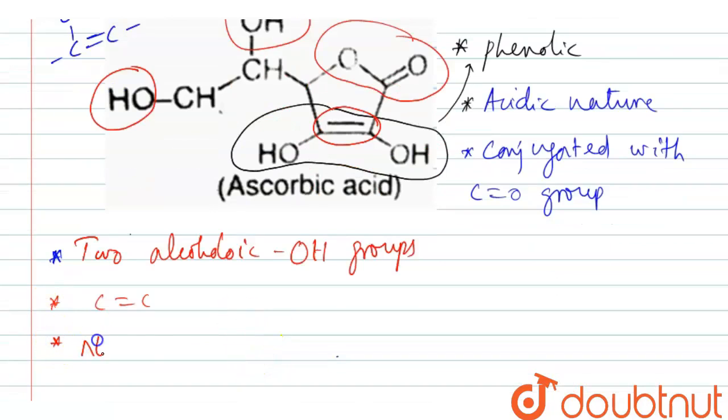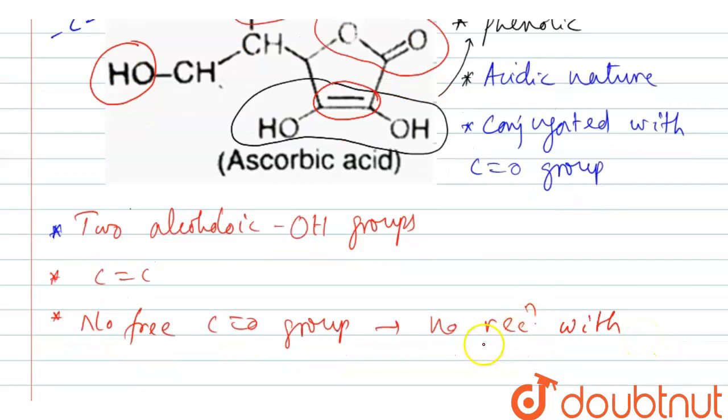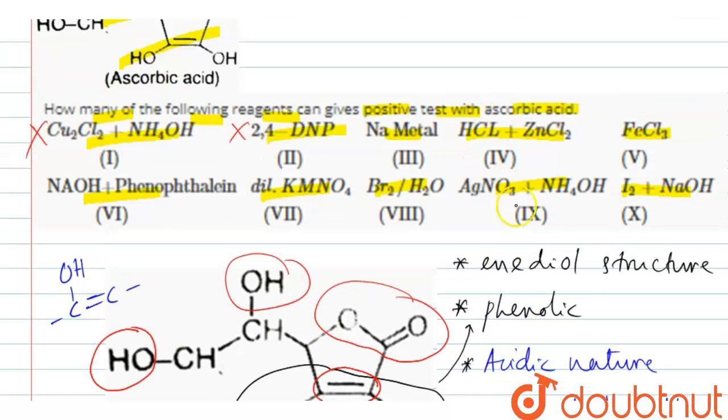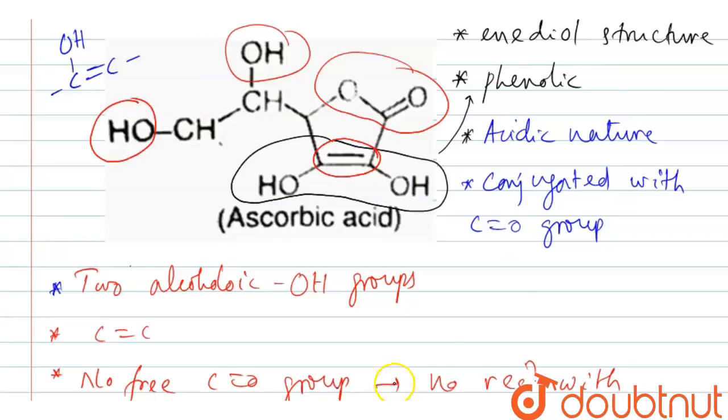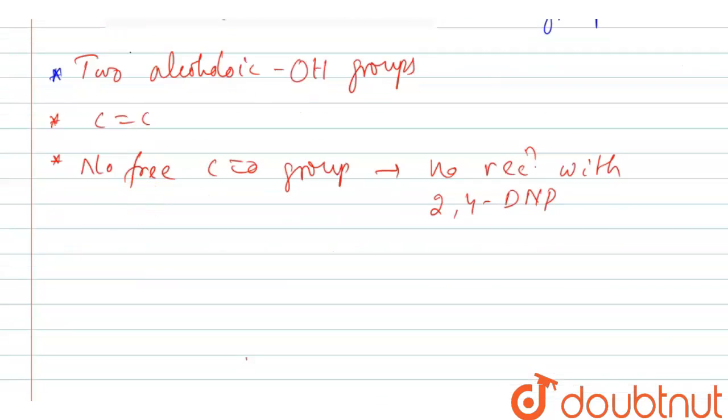Since there is no free CO group, there is no reaction with 2,4-DNP, dinitrophenyl hydrazine. Then with sodium metal, because it has phenolic OH groups, it reacts with sodium metal to give sodium phenoxides.